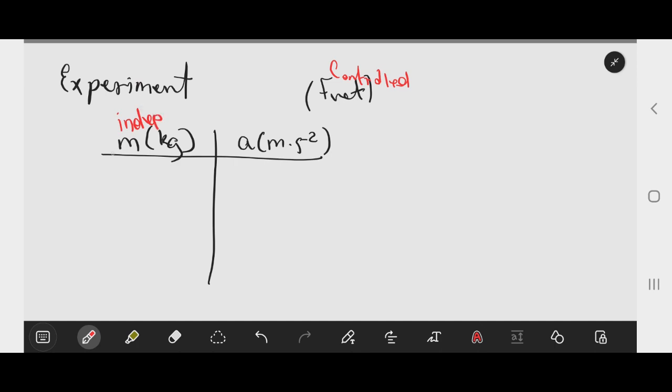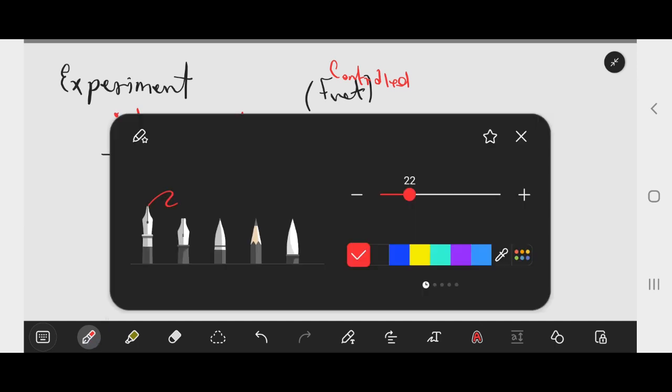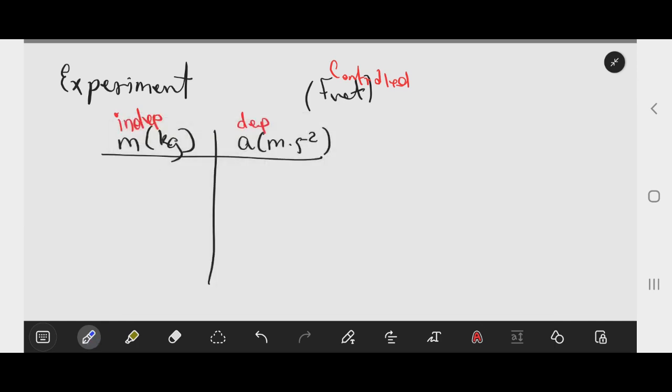We will be measuring the amount of acceleration that arises from a certain amount of mass, so the acceleration will be the dependent variable. If there is no mass, then there is no acceleration, there is no object to accelerate, right?